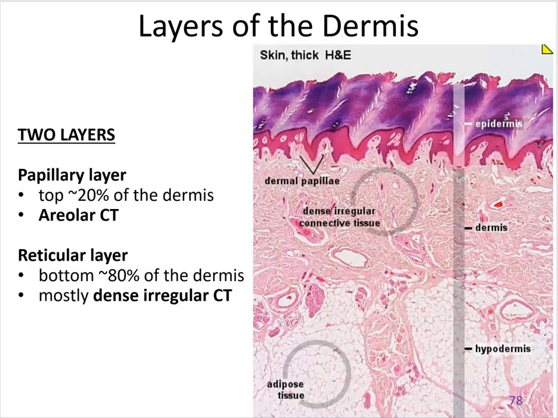So let's see, papillary. The papillary layer, if we could see this up close, would be a jumble of areolar connective tissue. And kind of at the border between the papillary and reticular layer, you might see these light-colored structures, and that is a network of blood vessels that the blood supply feeds, and that network feeds the little capillaries that support the epidermis.